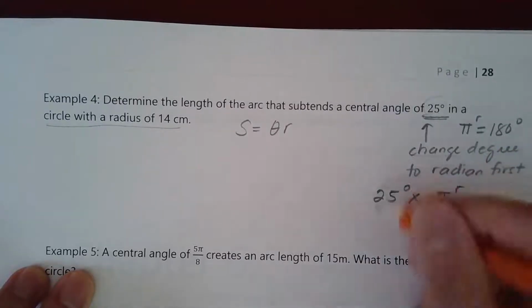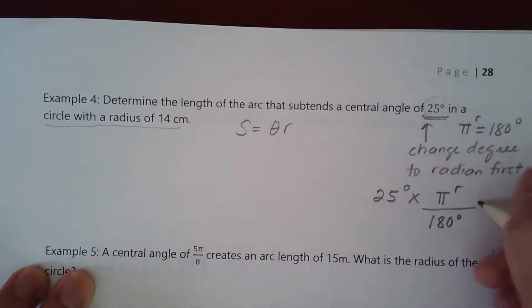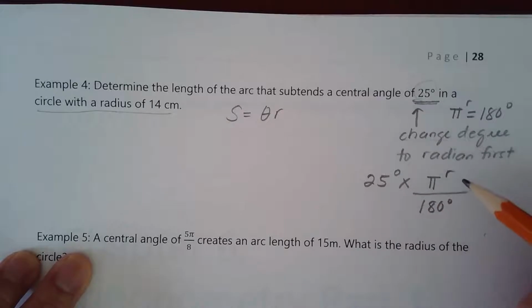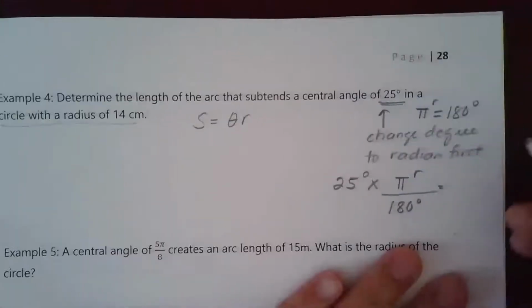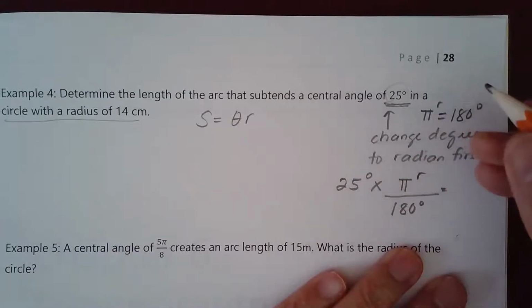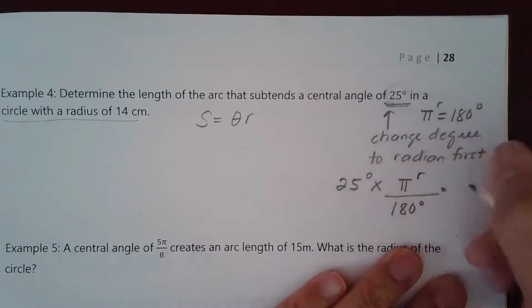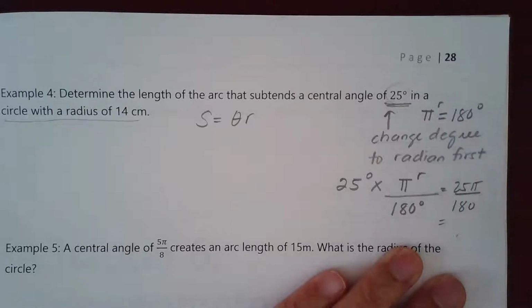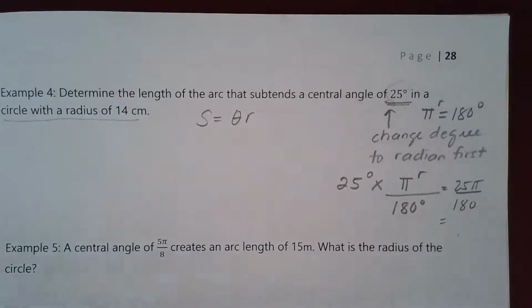Okay, so this is a little bit of a review of what we've done. So 25 degrees times pi divided by 180. We can change that. We can go 25 pi over 180. Okay, so what number can we divide it by?